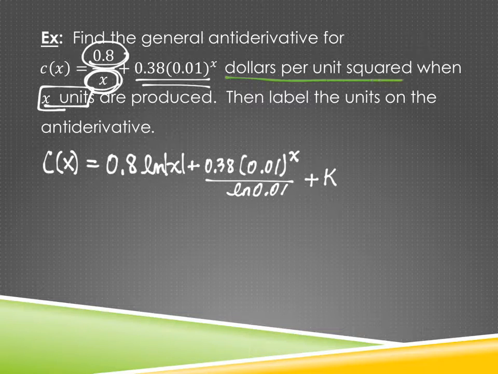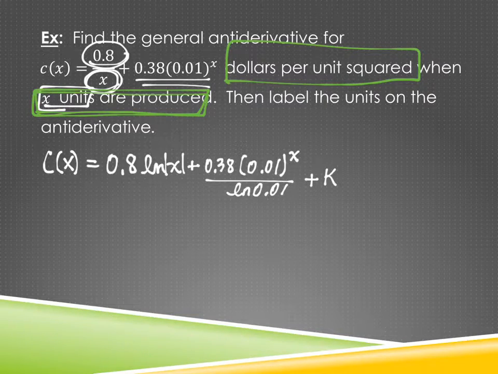It starts out with dollars per unit squared. And then your X is in units that are produced. So what happens when you multiply dollars per unit squared times units? Because that's what area does, right? Careful, what cancels? One of the units. Let me write down the visual of what's going on.